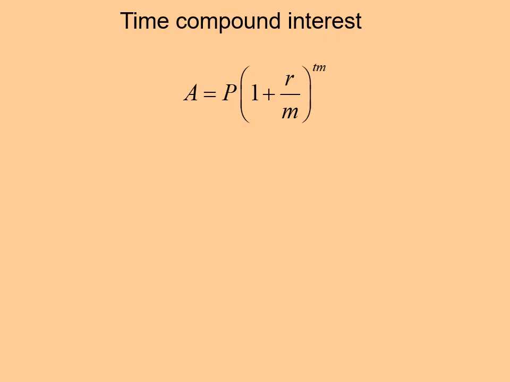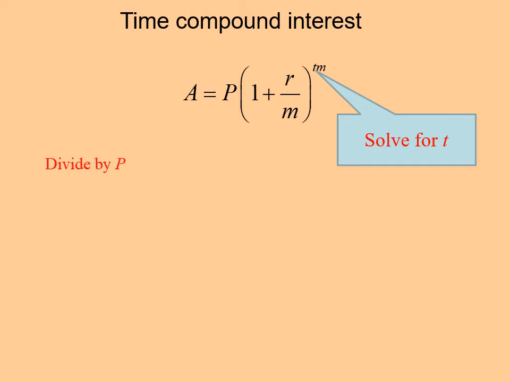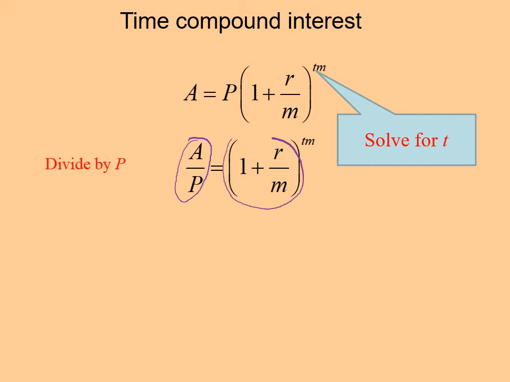Now, the trickiest one of the bunch is the time. So let's go solve for the t. To begin with, if we divide both sides by P, we get something here that's in exponential form. Here we have 1, 2, 3: base, exponent, other number.